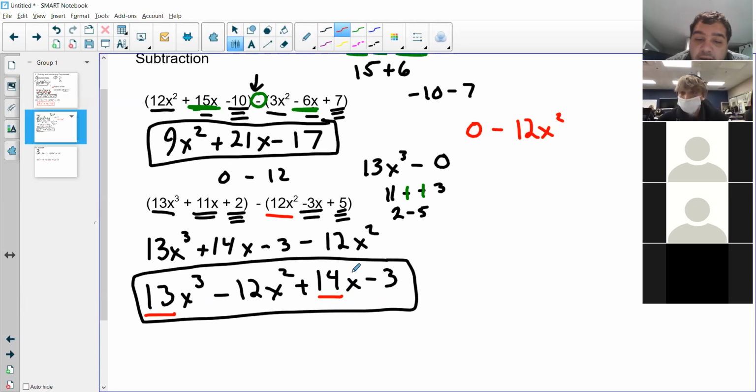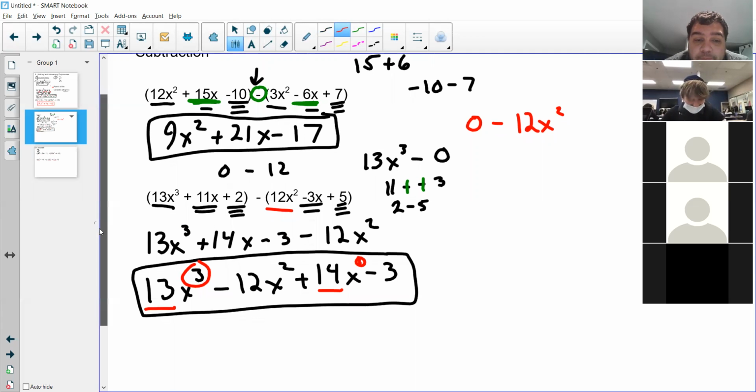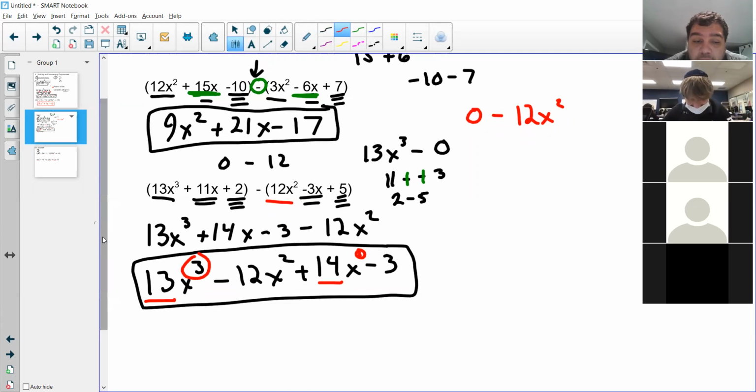That's okay. What we care about is the degree instead of the number in front. So even though 14 is bigger than 13, or you could think negative 12 is smaller than negative 3, that doesn't matter, all right? So we put it in order.